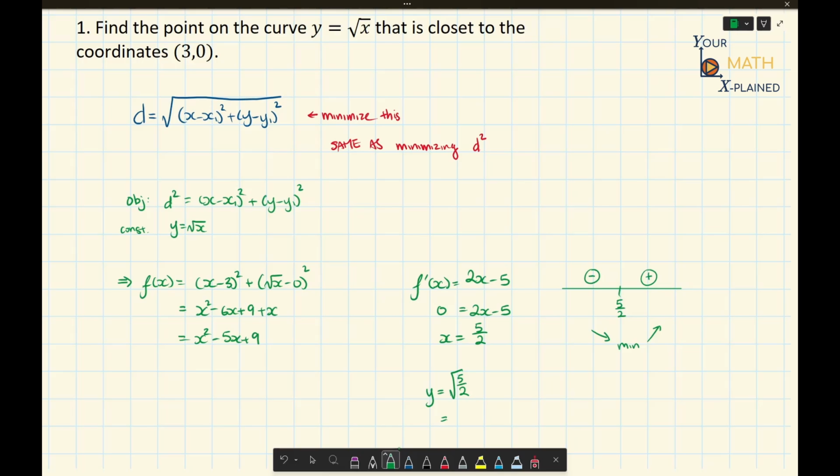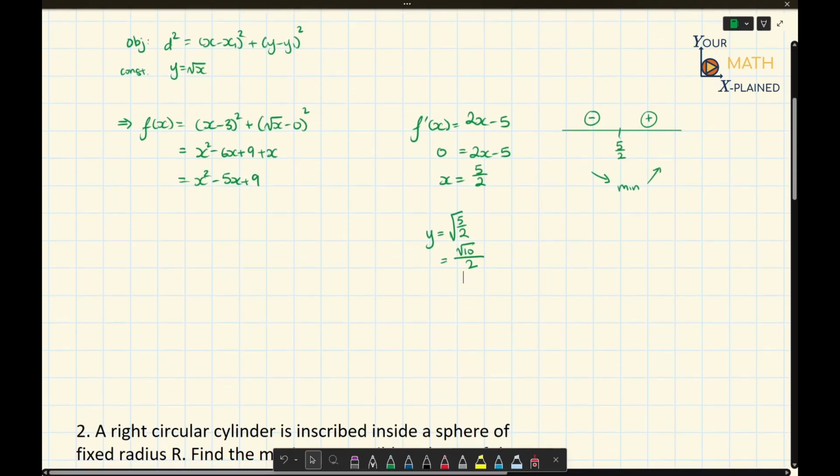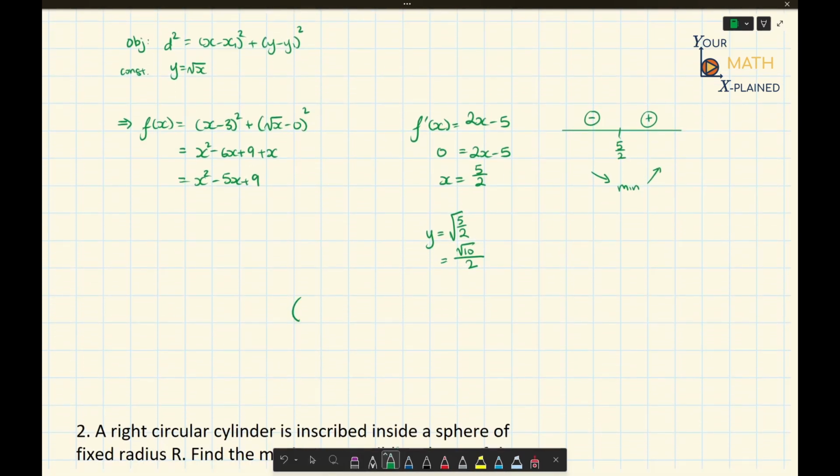So multiplying this by root 2 over root 2 is going to give us root 10 over 2. So therefore, our answer here is going to be the point (5 over 2, root 10 over 2) is the closest point on the curve.